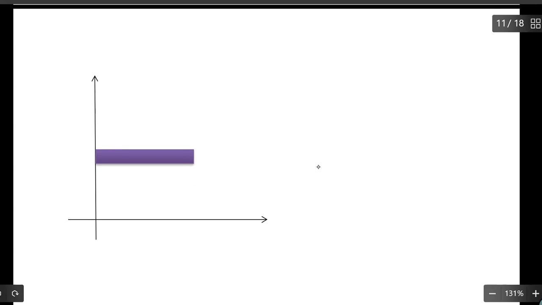The similar approach applies if I am using the axis of rotation as the x-axis. So this is my Ix. In this case, this one is supposed to be my dy, from c to d, and the square of the moment.